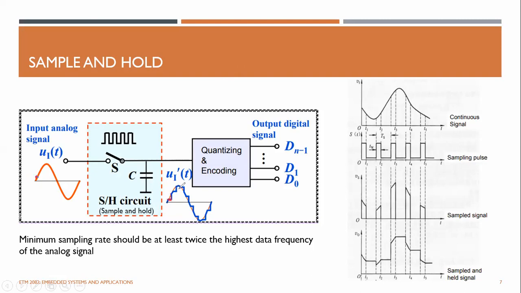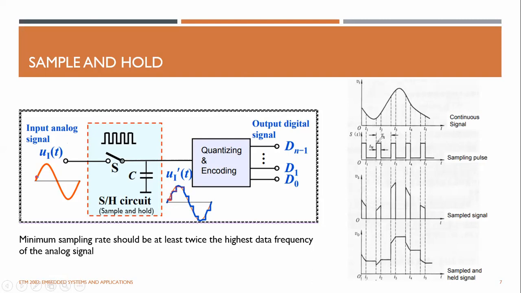So whatever signal is appearing here looks like this, not like a continuous signal. Due to this capacitor effect, it is something like that. So this is how it is happening, right? This is your continuous signal, then this is this pulse, and this is the sampled signal.